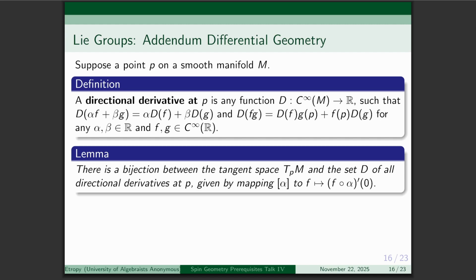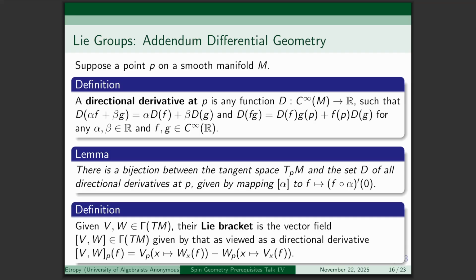So the reason it's useful for us here is specifically to linearize Lie groups. And the way we can do that is by defining the so-called Lie bracket of vector fields. So given two vector fields on our smooth manifold, any smooth manifold, we can define the Lie bracket by something that at first seems kind of arbitrary, but actually has quite nice intuition behind it.